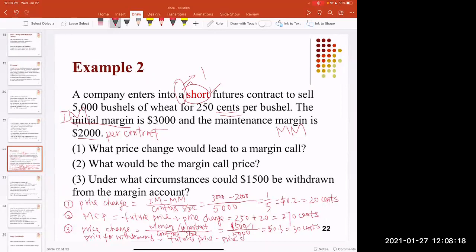In this case, when the futures price decreases, you can withdraw money. So 250 minus 30, so 220 cents. This is the price at which you can withdraw money. When the futures price drops to 220 cents, you can withdraw money.